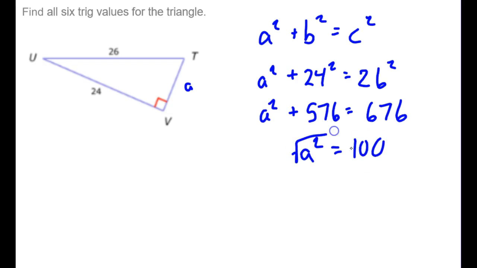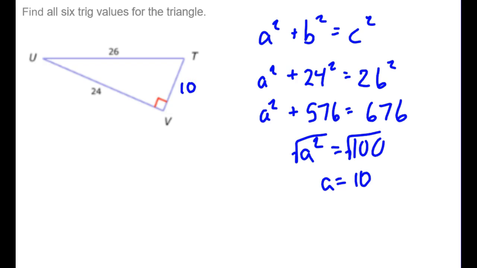Then take the square root of each side: a is equal to 10. Technically, when we take the square root, we would have two answers, plus or minus, but since we're talking about a distance, a length, we can't have a negative distance, so we only focus on the positive. So the length of this side is 10.